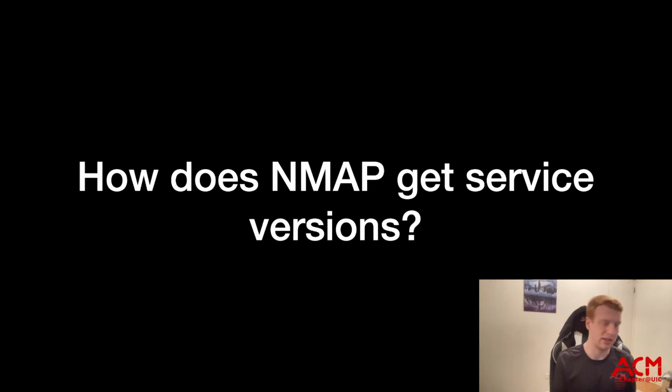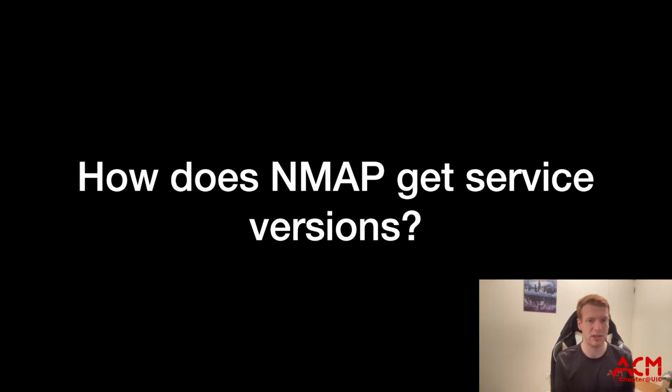So how does Nmap actually get these service versions? If you're trying to manually look at a specific system and you want to see what's going on with it, you may try to actually connect to a port. And it's actually pretty easy to check what's running on a service.